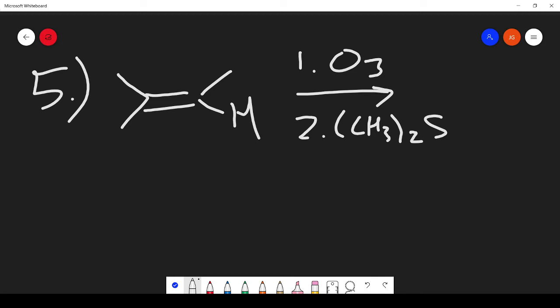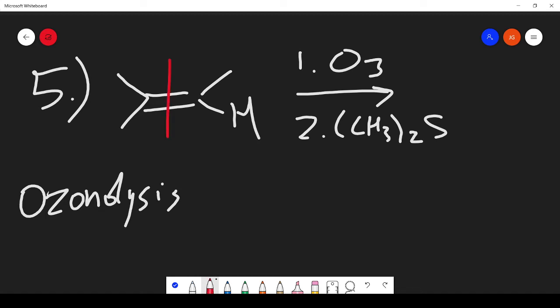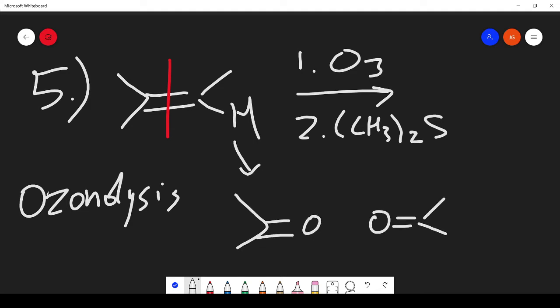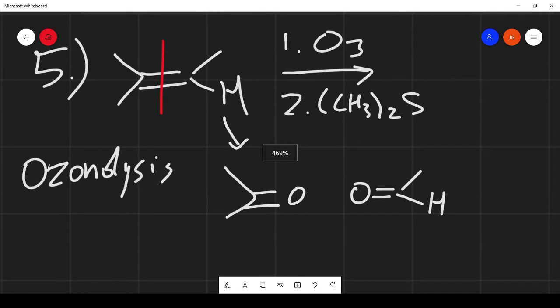This is just going to be ozonolysis. And the way we want to do that is we're just going to split this bond and add oxygens to each end. And we're done.